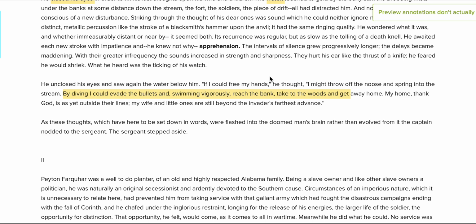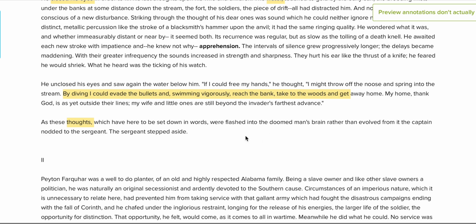So here the narrator tells us how this man would think of the situation. We know that he was planning to escape this execution, and the thoughts of escaping were flashed into the doomed man's brain rather than evolved from it.